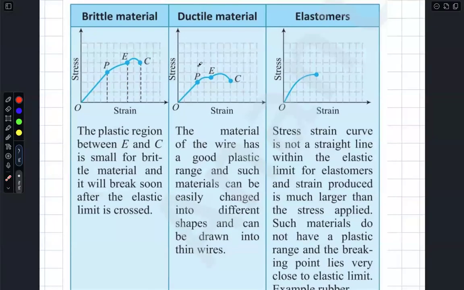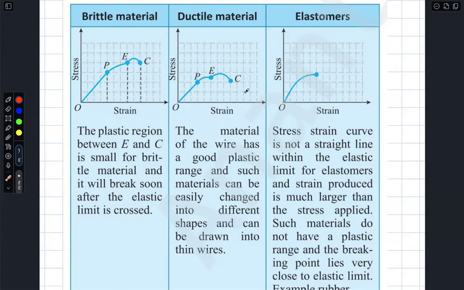On the other hand, for ductile material, like the copper wires used for current purposes, you will have electrical wires, so thin leads. To prepare such a thin lead, you need to mold the material very thin.